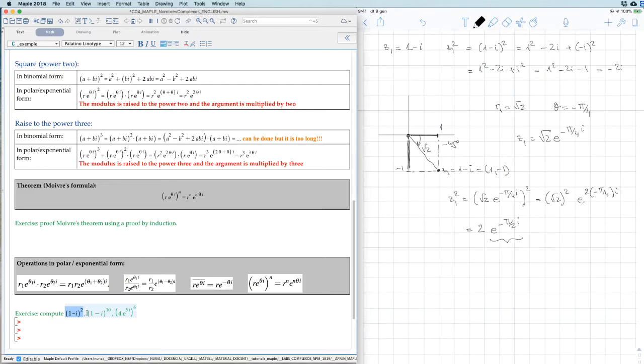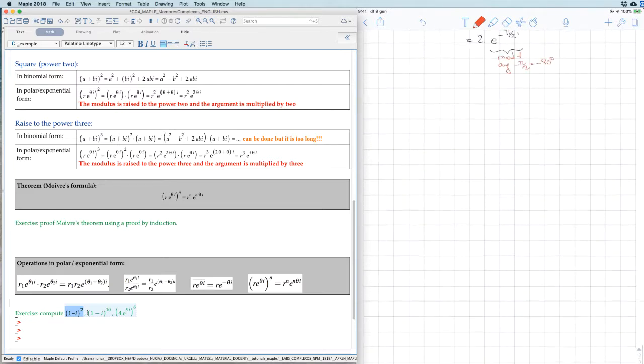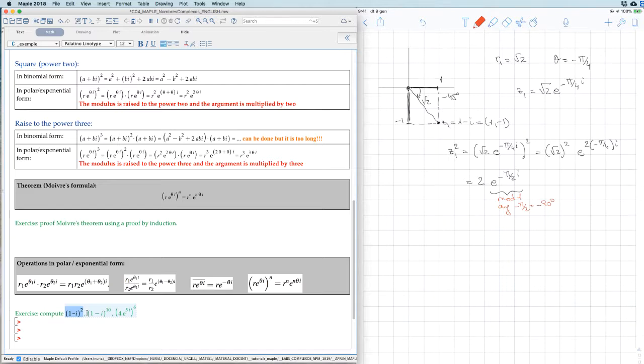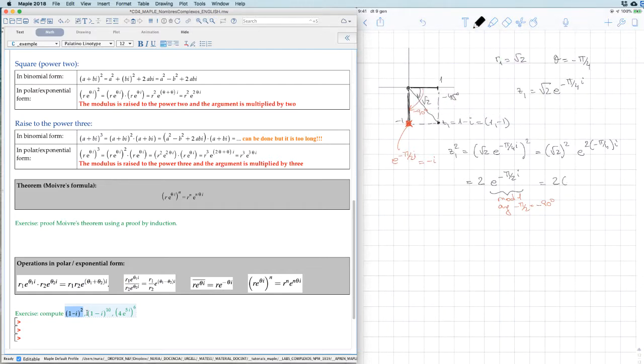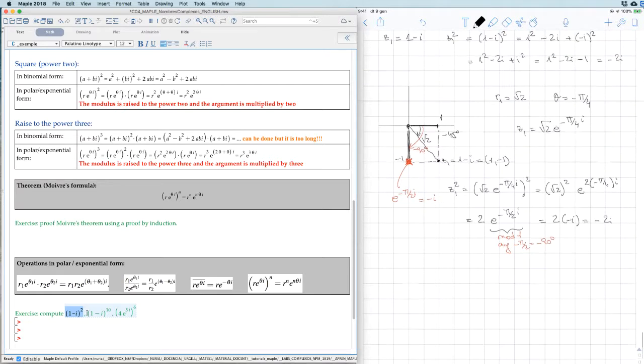This number has modulus 1 and argument minus pi over 2, which is minus 90 degrees. So this number e to the minus pi over 2 i is minus i. If I substitute this in here, we get 2 times minus i, which is minus 2i, the same result that we got on top.